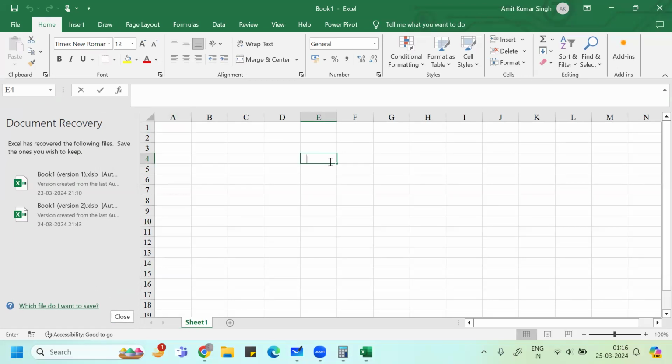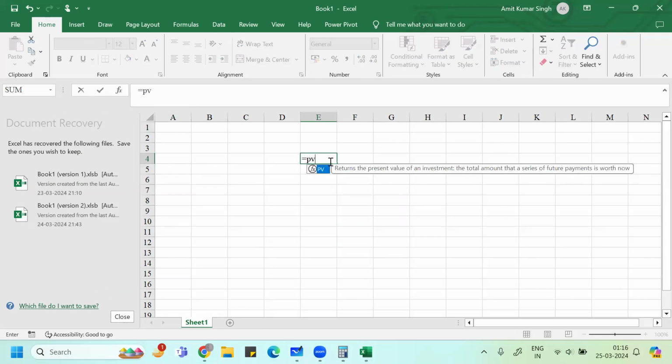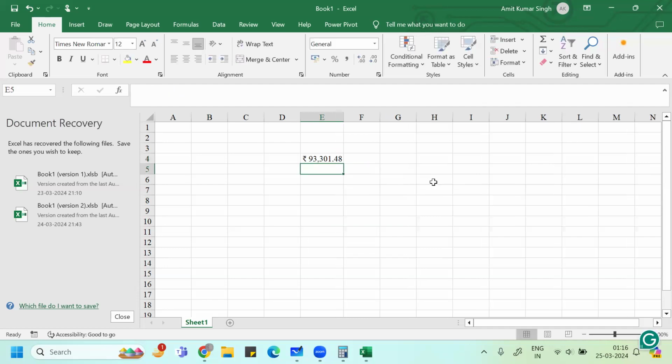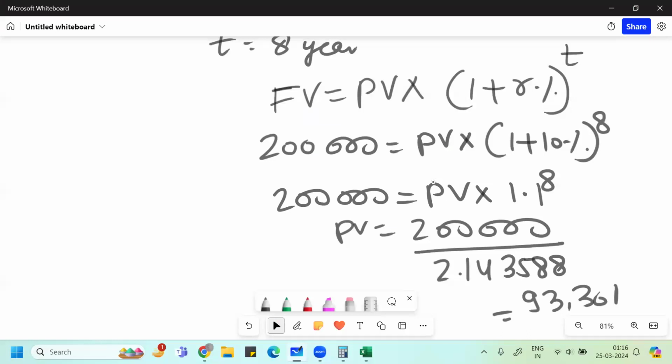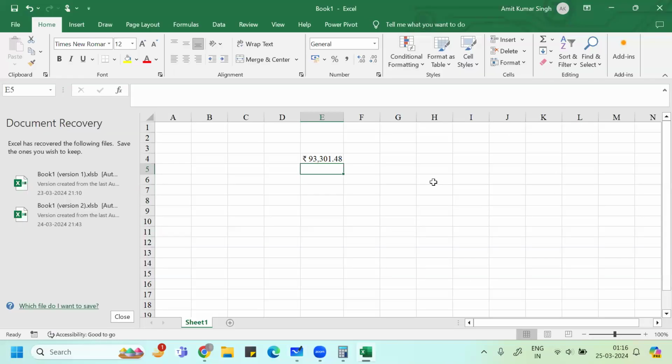So here I can use the present value formula. The rate is 10%, the time is 8 years, there's no PMT, and the future value of money you're looking for is 2 lakh. The type would be 0. If you press enter, you'll get 93,301.48. Same thing. I hope you understood.